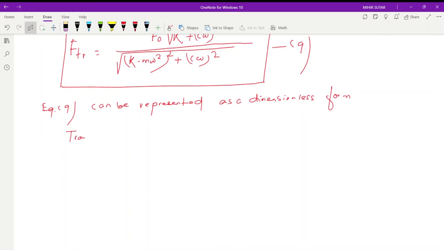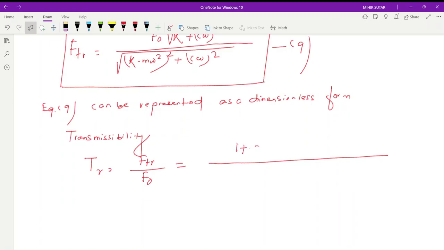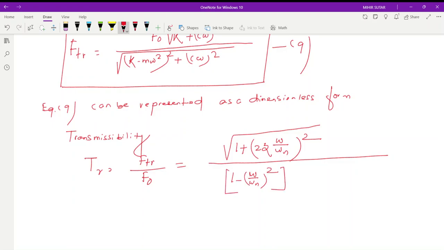So transmissibility TR is basically the force transmitted divided by the force impressed, which is equal to square root of 1 plus 2 zeta omega by omega n square, divided by square root of 1 minus omega by omega n square whole square plus 2 zeta omega by omega n whole square.